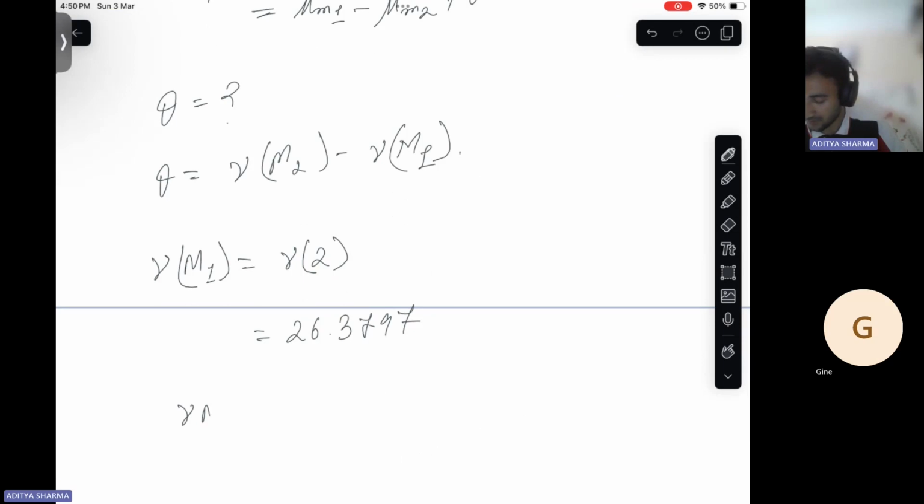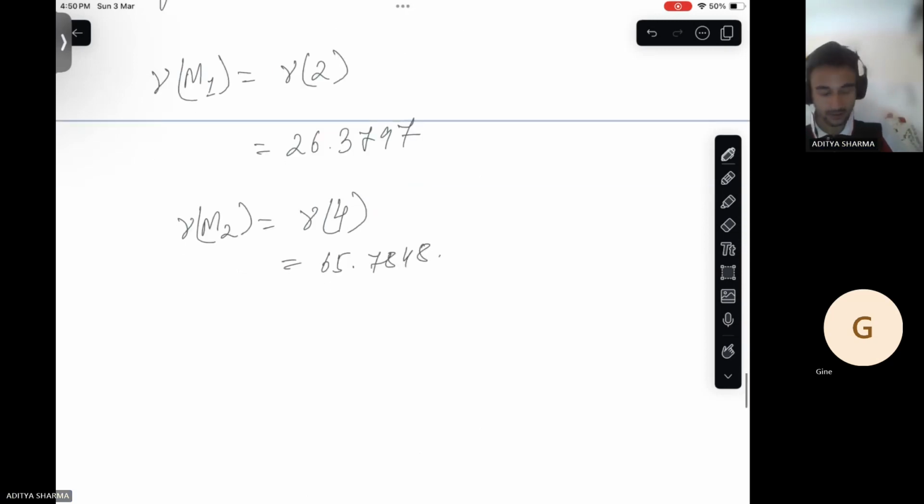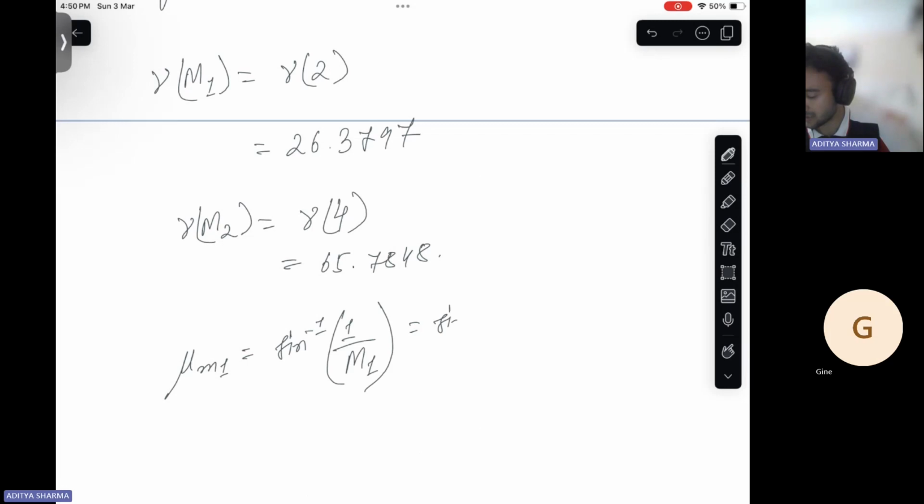And the same way, nu 4, if you calculate, comes out to be 65.7848. And if you want to calculate mu m1, that is sine inverse of 1 by m1, which is sine inverse of 1 by 2, which will come out to be 30 degrees.